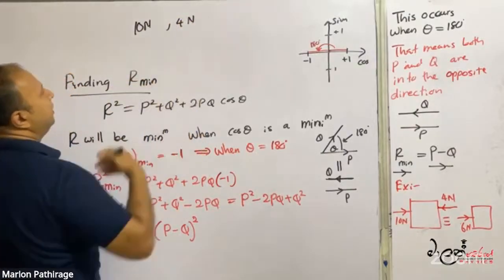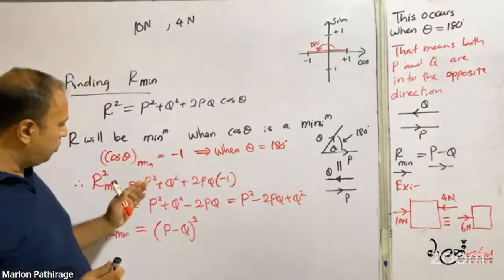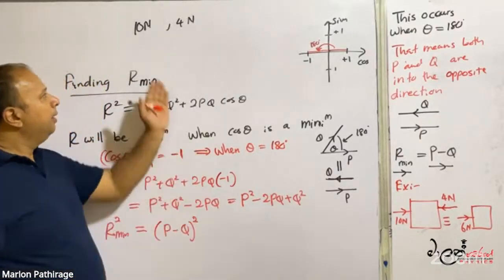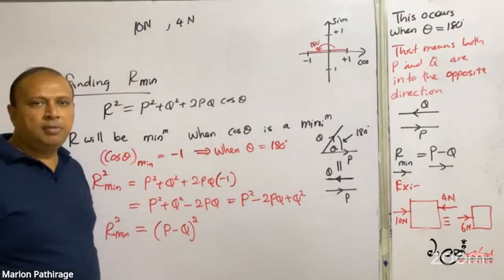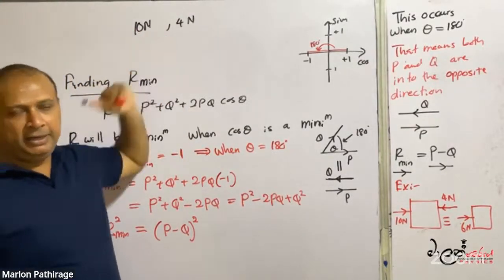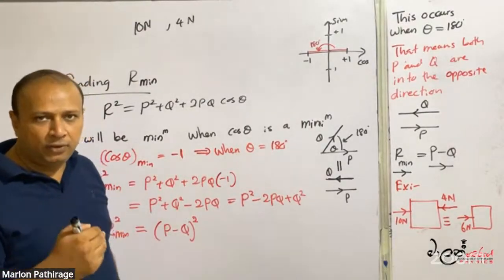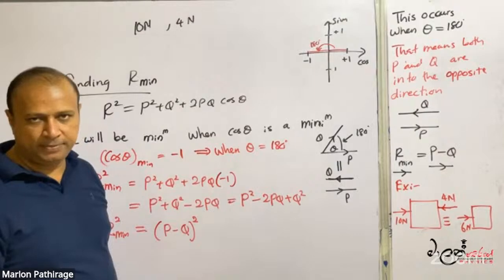You know the maximum resultant force is 14 Newton, because that is the addition of those two forces or vectors.